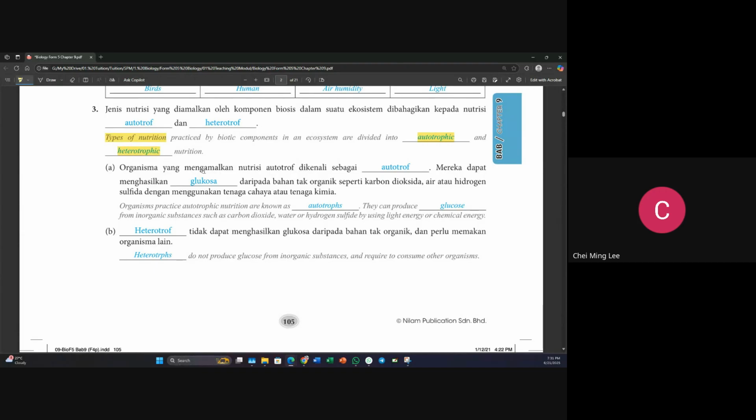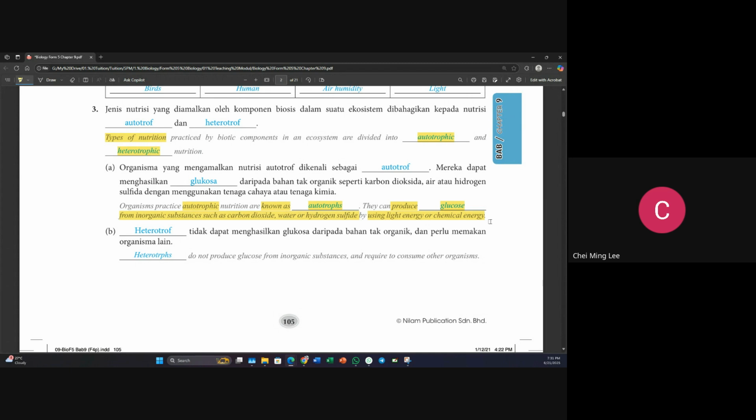Autotrophic, meaning automatic, is mostly the producer, known as the autotroph. They produce glucose by themselves from inorganic substances like carbon dioxide, water, and hydrogen sulfide, sometimes using light energy or chemical energy. It doesn't necessarily have to be light.